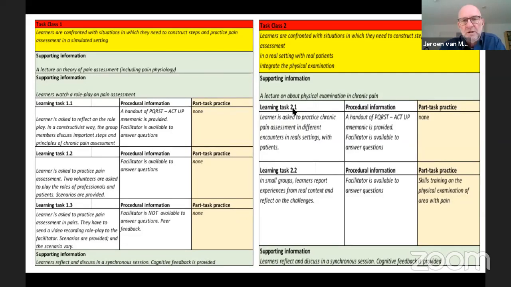But in 4CID, we also describe other ways to decrease support and guidance. For example, starting out with process worksheets and then slowly fading out these process worksheets until students are able to perform the tasks independently.